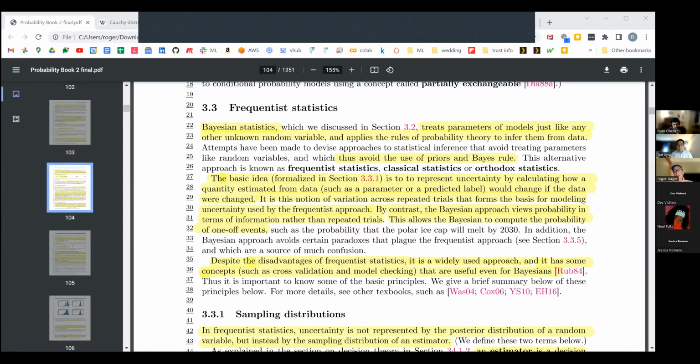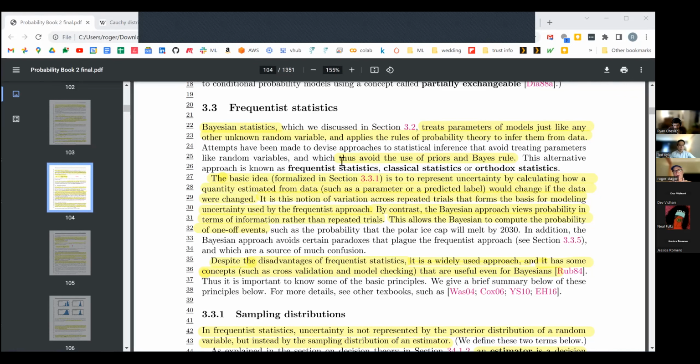But this simple statement, which I think is repeated a little later, helped me a lot: Bayesian statistics treats parameters of the models just like any other unknown random variable, and applies the rules of probability theory to infer them from the data. I think it contrasts later on with how that differs from frequentists.